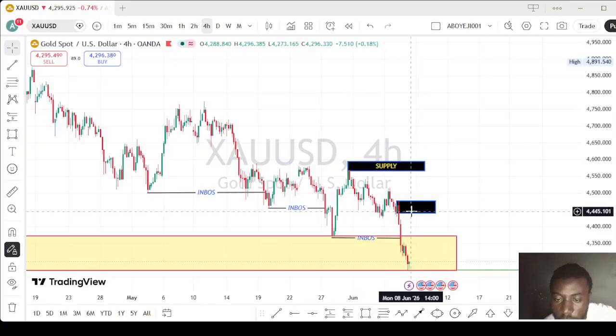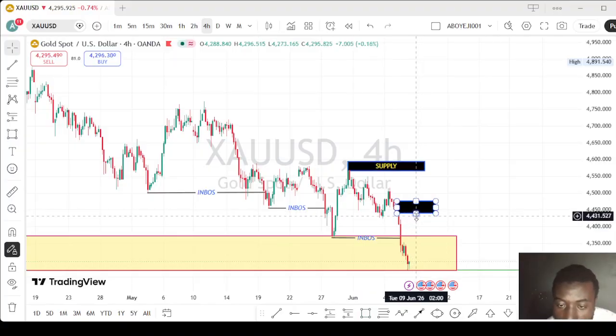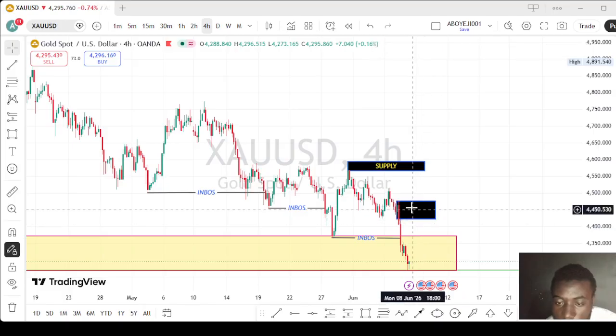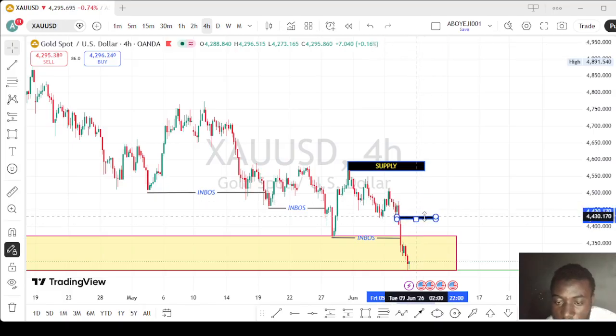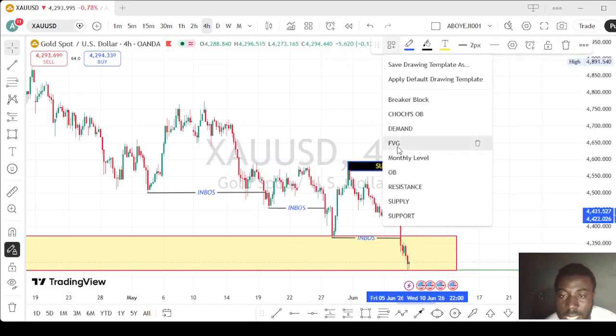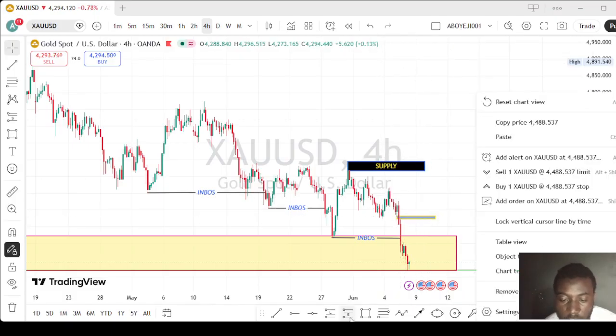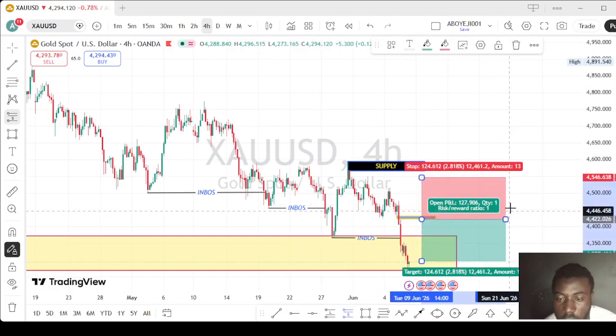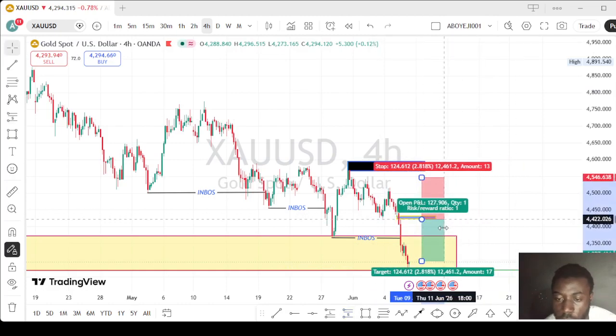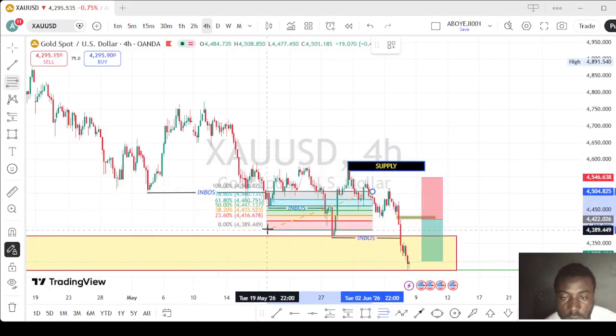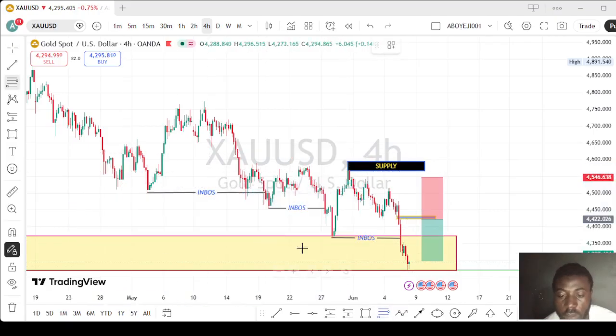Let me just plot the FVG. This is the tiny FVG here. That is a tiny FVG over there. So let's see if the market is going to expect it, and we are going to see a sell. Let's see if our Fibonacci retracement is 50% over there.